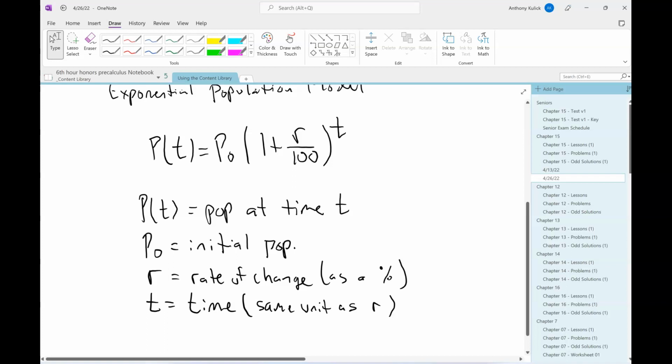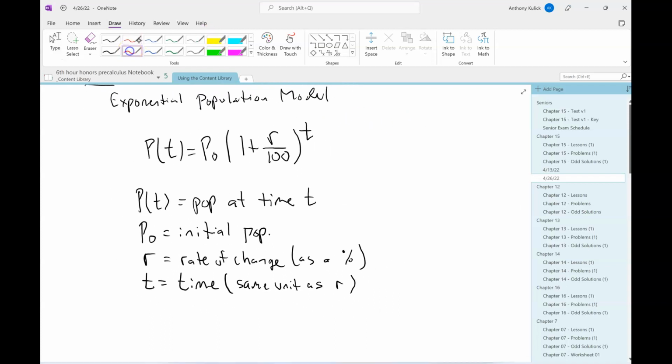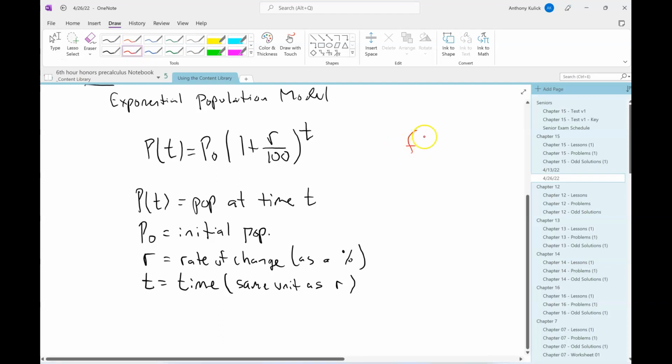Everybody so far so good? So if we look at this population model, and we remember from section 1 that an exponential function was in this form, right?